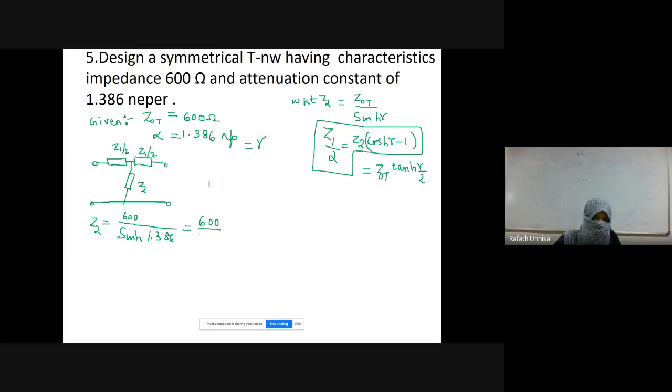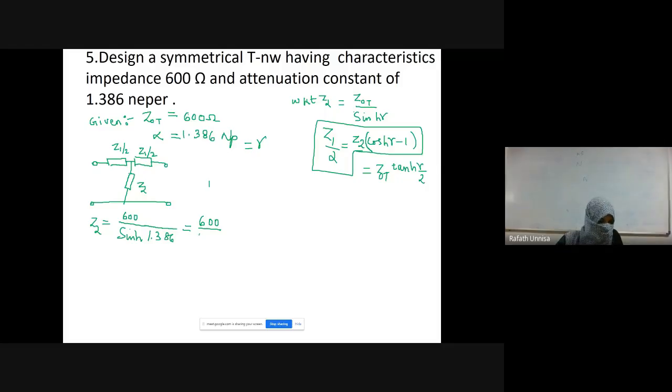How much am I getting? Yeah, anyone who has calculated, give me the answer. In your calculators, you are supposed to use the hyperbolic functions sinh. Sinh of 1.386.